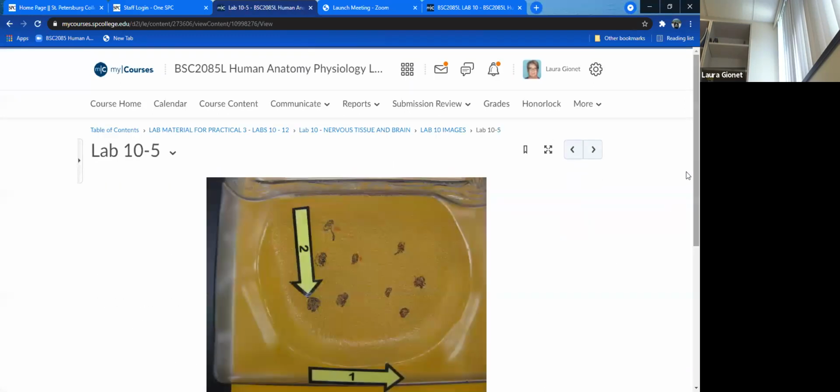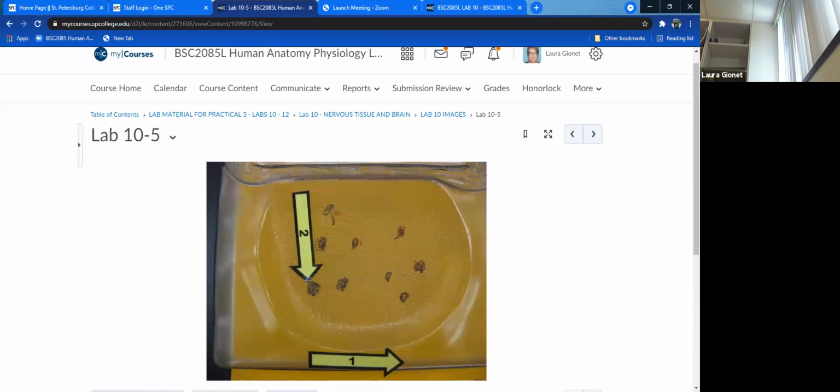Then on the other side of the model, because it's 2 pieces, is this clear plastic region, and these black dots on it. This whole thing in the clear plastic represents the postsynaptic membrane, and the black dots represent the receptors for a neurotransmitter. So again, structure, function.